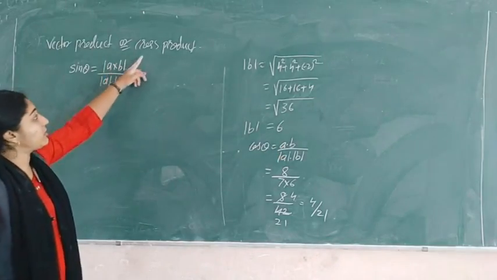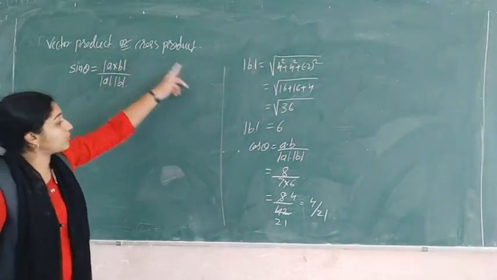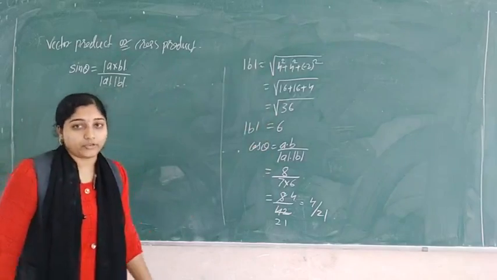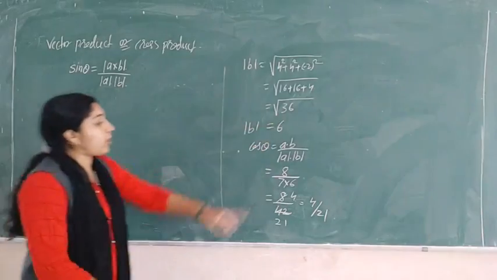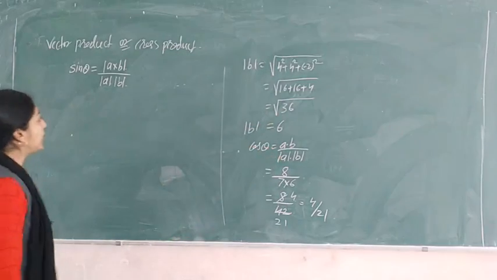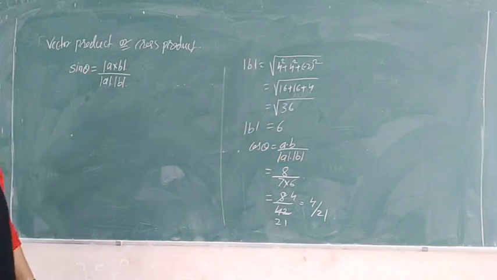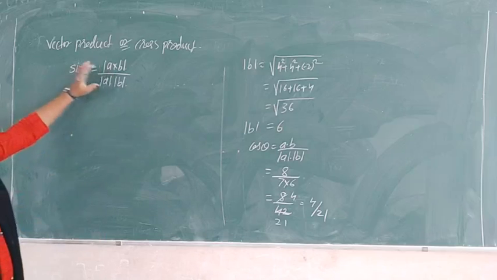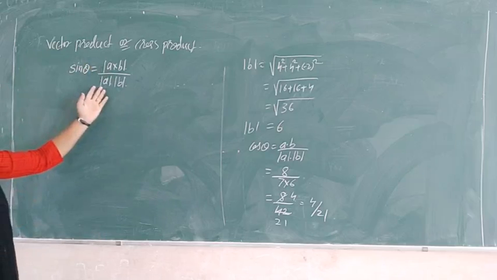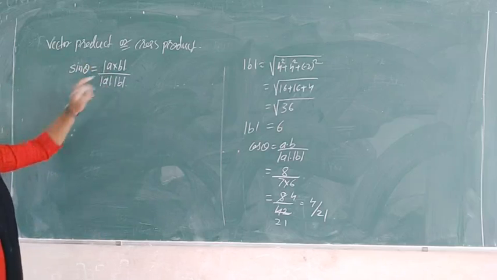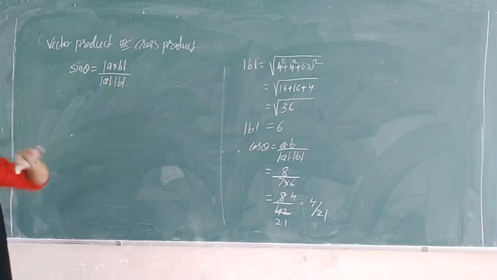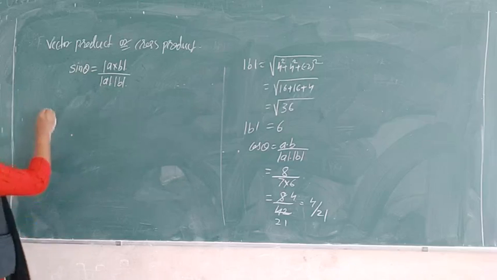So depending on the sign, the name is there: cross for cross product, dot for dot product. Now we know how to find A dot B. Now we will see how to find A cross B. If you know the A cross B value, then we can find the sine angle. You know how to find modulus of A and modulus of B, but we don't know how to find A cross B. So let us see one example.